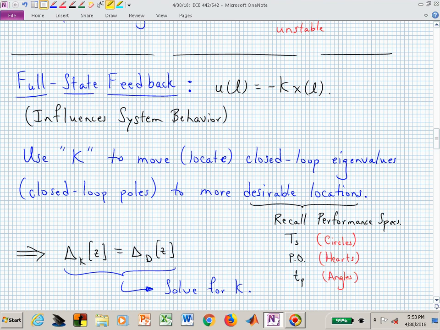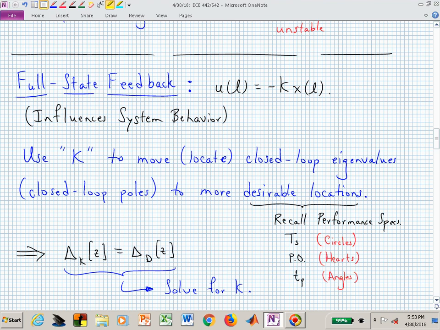We would probably make 2 of those achieve a certain settling time, percent overshoot, or peak time behavior, and the other 3 we would make deadbeat. We would locate those 3 at the origin. Then we quickly have our dominant poles by those 2, and the remainder at the origin to be deadbeat.